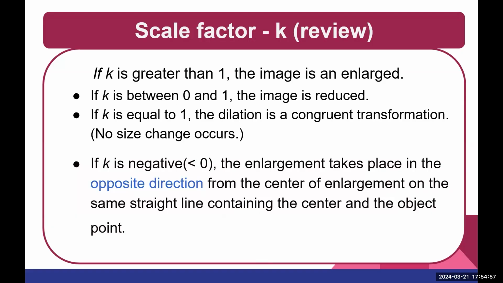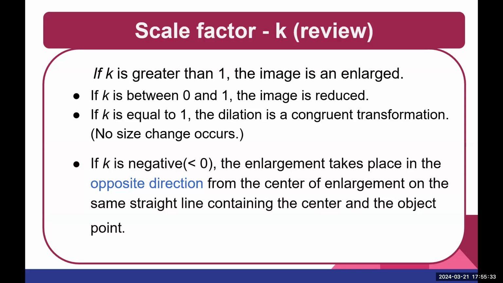So that is what happens when it becomes negative. Let's review scale factor quickly. k here is being referred to as the scale factor. If k is greater than 1, the image is enlarged, or it becomes greater in size. If k is between 0 and 1, the image is reduced. If k is equal to 1, the dilation is a congruent transformation, so the size does not change, because it would be a 1-to-1 ratio where it is just the same as the object.